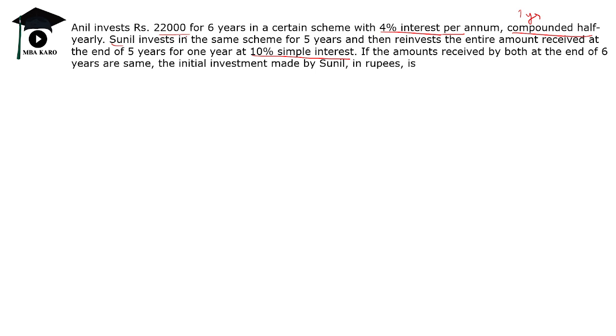Amit invests 22,000 for 6 years, right? So Amit invests 22,000, okay, for 6 years. So P into 1 plus R by, now it is compounded half yearly. So effective rate is 2%. So 1 plus 2 by 100 raised to the power time becomes 12, right? Now this is equal to, now Sunil invests for 5 years and then reinvests the amount received at the end of 5 years.